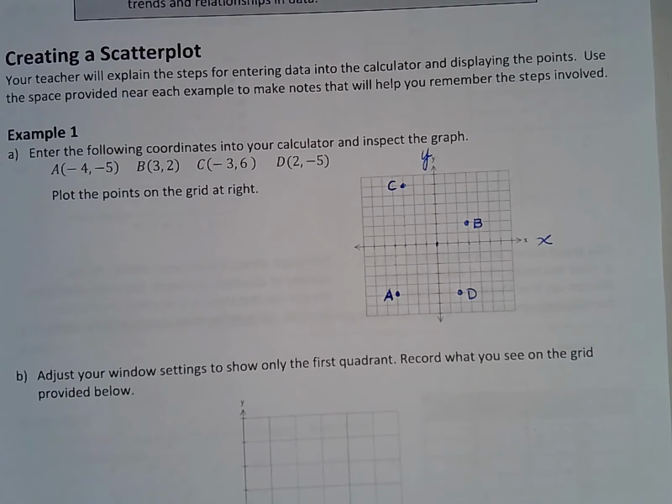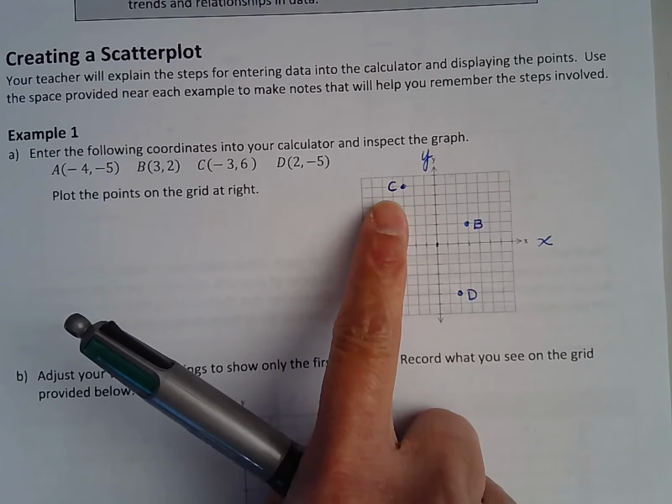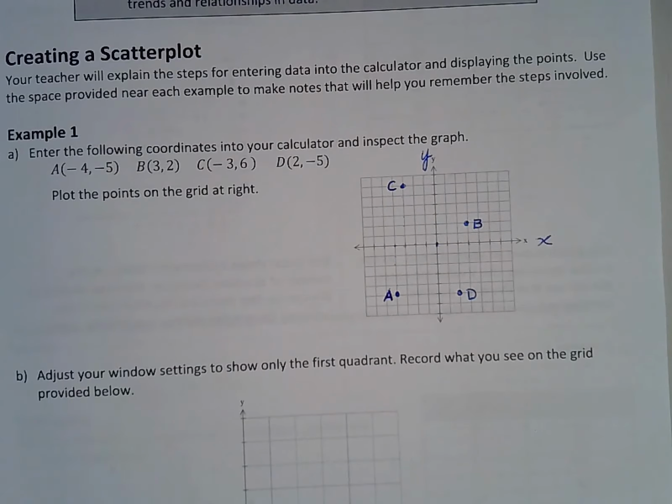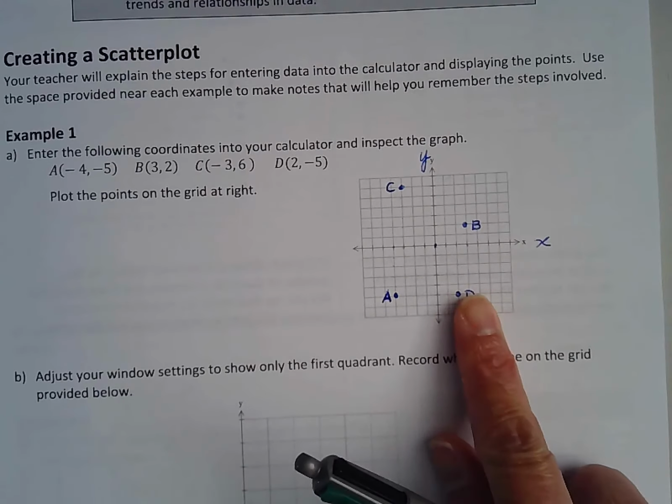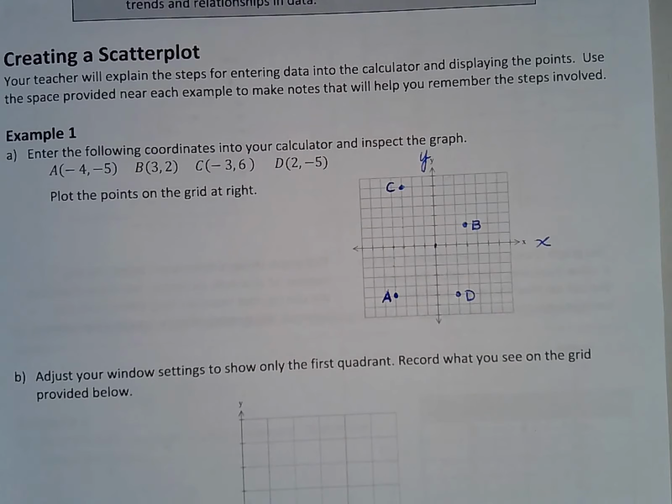Quad means 4, so 4 regions in our Cartesian plane. So C is in quadrant 2. What point is in quadrant 4? D. Yeah, so this is quadrant 4, D. What point is in quadrant 1? B. And what point is in quadrant 3? A.